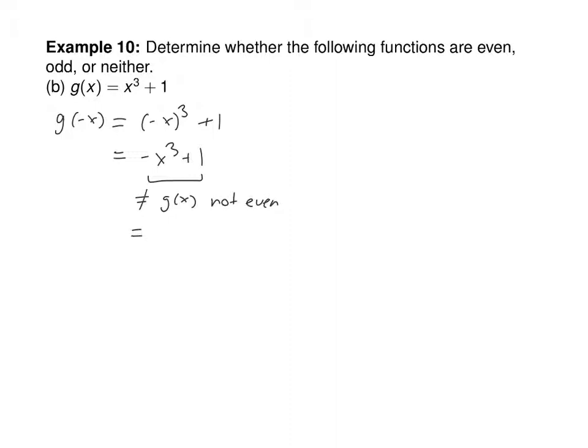Is it equal to the negated original function? Careful with that. If you were to negate the original function, both the x cubed is negative and the 1. So it's not equal to the negative either. So this is also not odd, which means it's neither. It is possible to be neither.